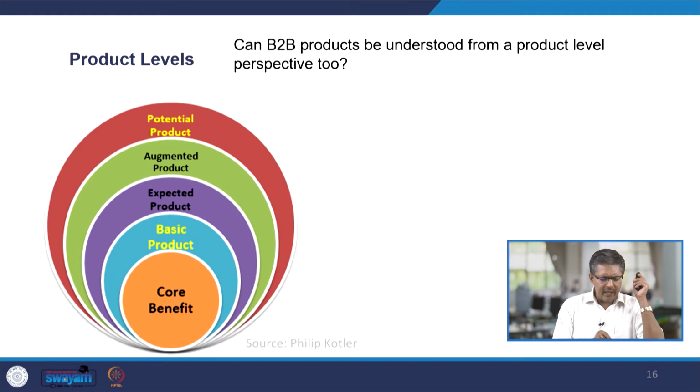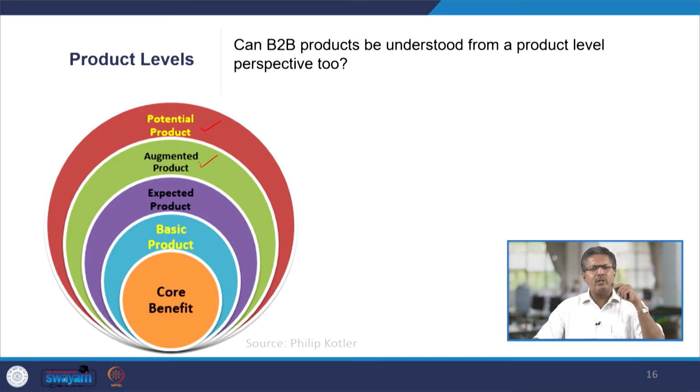Now, core benefit is something like the minimum requirement. And as we go up to the expected product, you can hardly create any differentiation, because all your major competitors or producers generally give the same kind of output. But if you look at the last 2 stages, here you can use them as a differentiator.